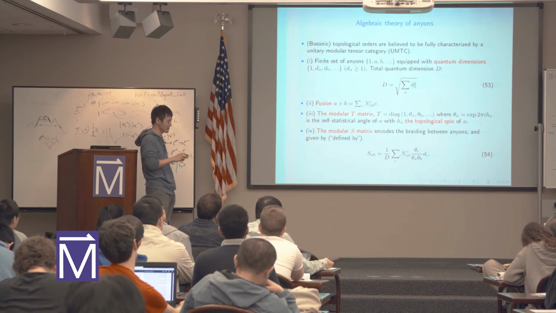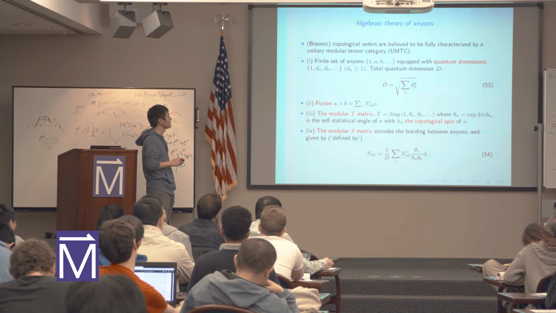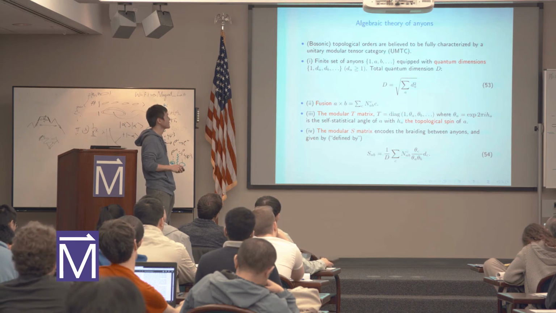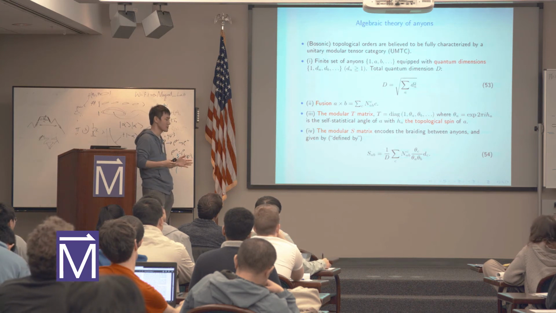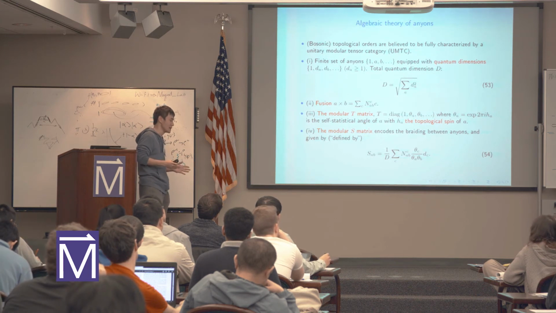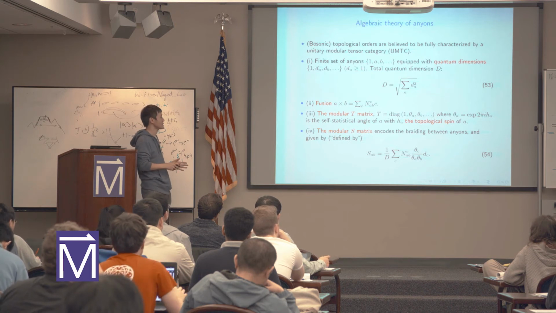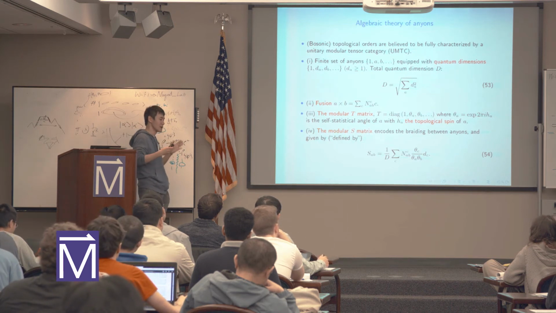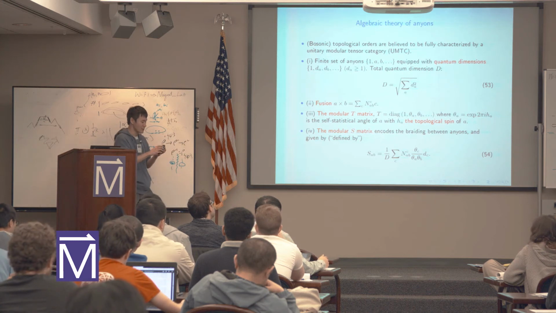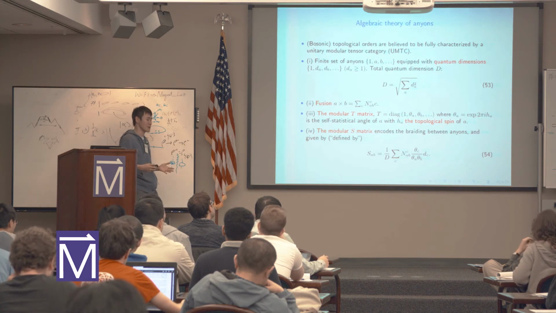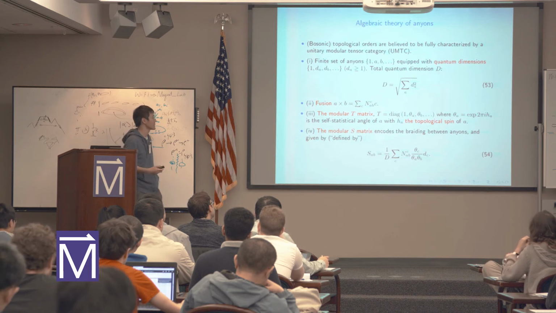But anyway, these are basically the data we want to know for anyons. Particular topologically ordered phases are characterized by these data, and we want to extract them from experiment or maybe from numerics or something like that.